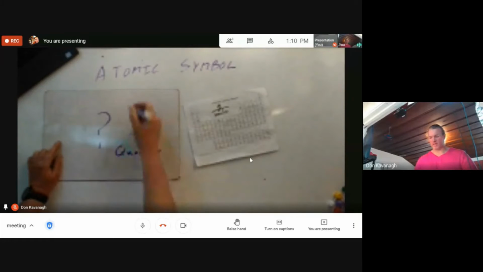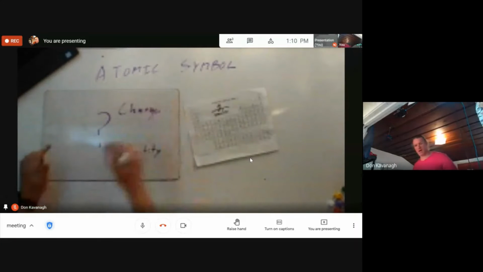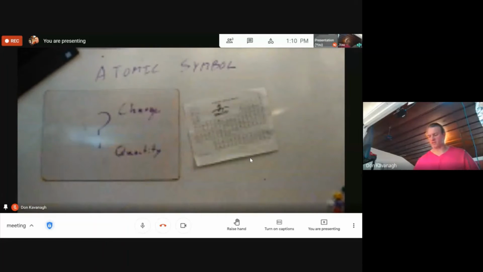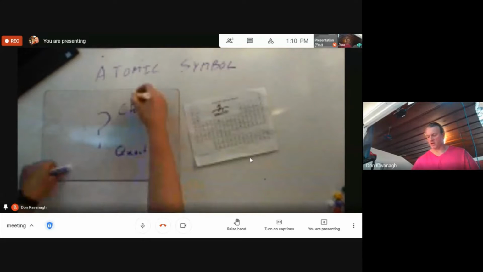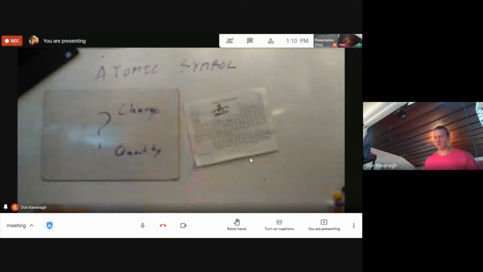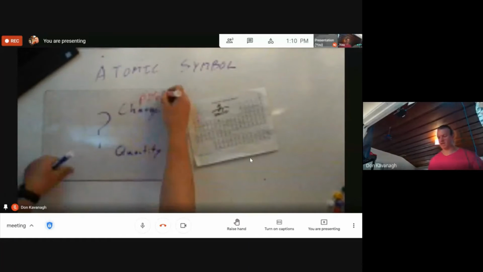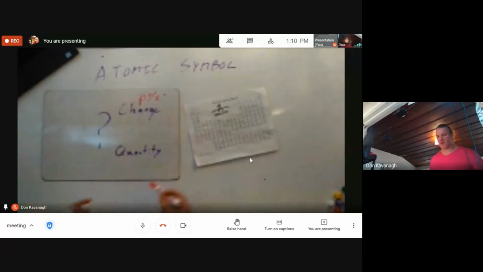The number in the upper right-hand corner refers to the charge. Now the charge is a little arithmetic with the number of protons and electrons present in the atom or the molecule. If there are more protons than electrons, it'll have a positive charge.